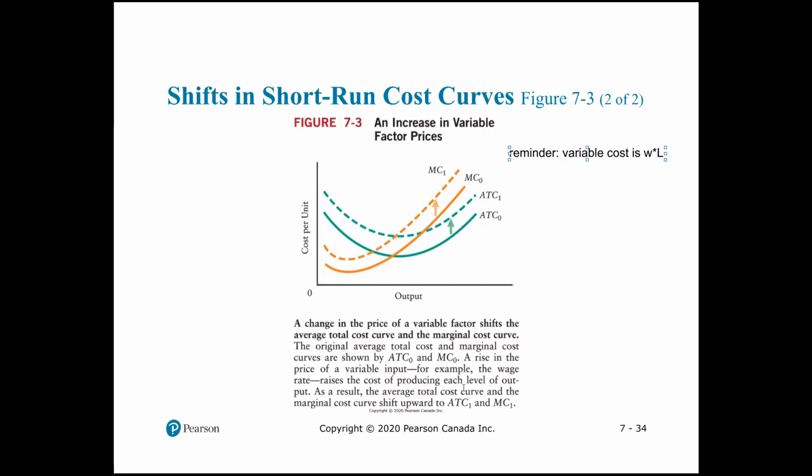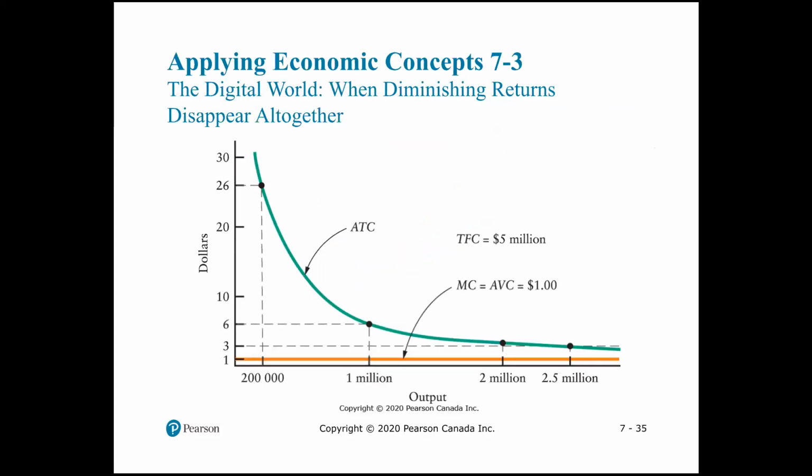All right. And I think there's a last slide. Oh yeah, last very interesting case. I told you that these curves are not universal laws. They depend on which sector or which firm I'm talking about. So here is an example of a firm where it's different. You have average total cost, which was extremely high initially, which makes sense.